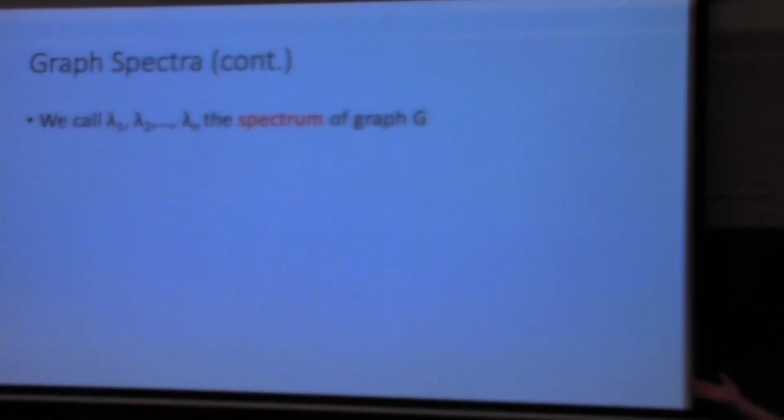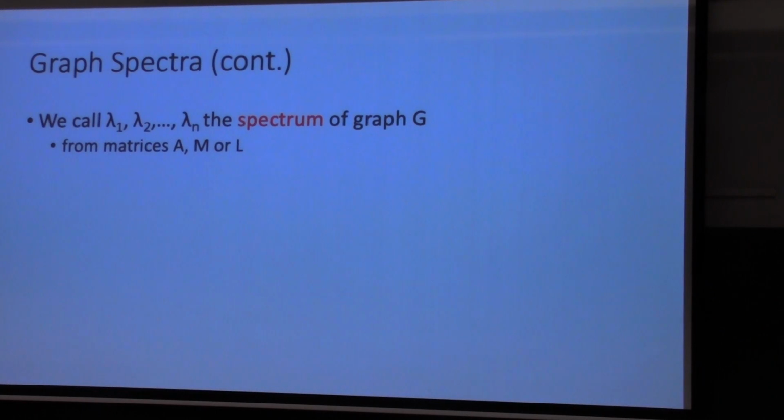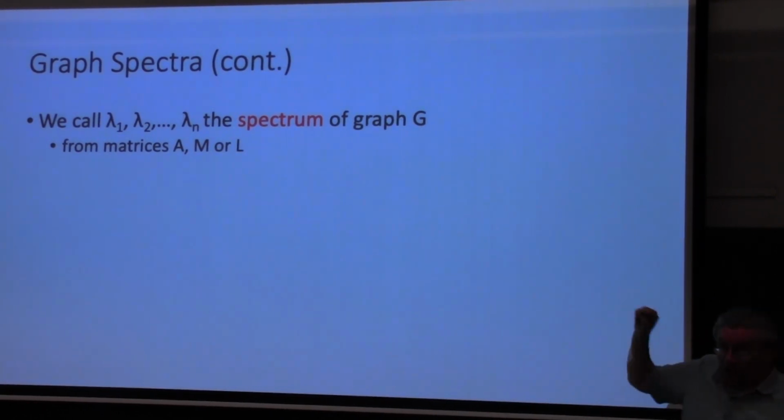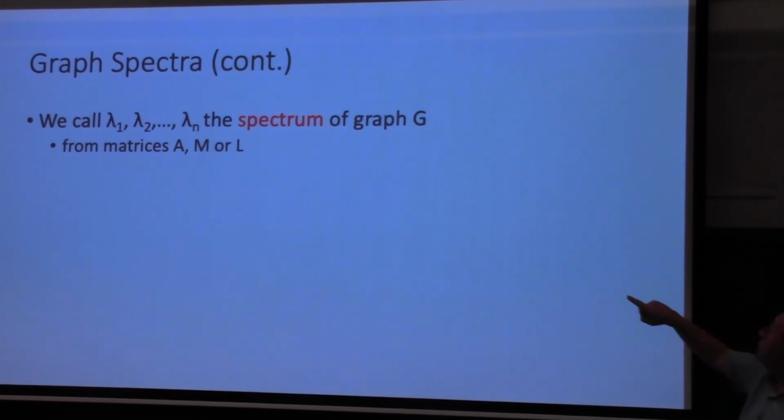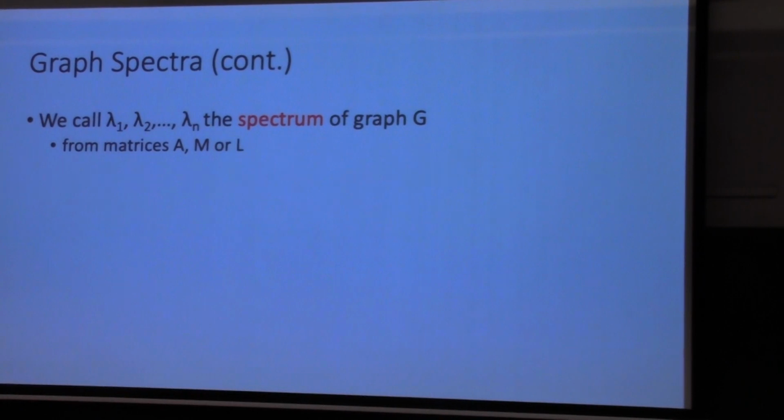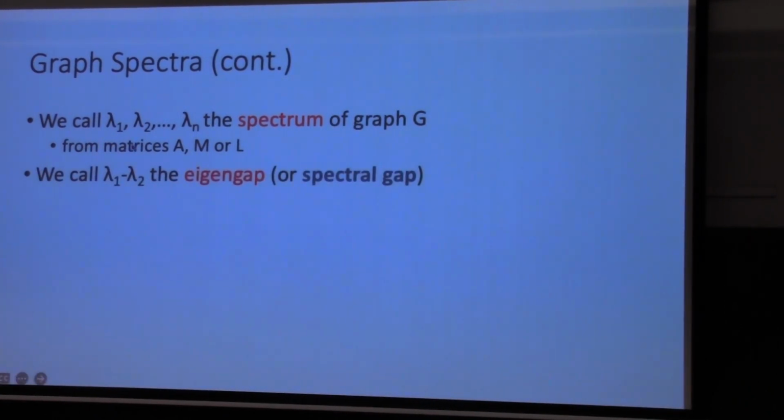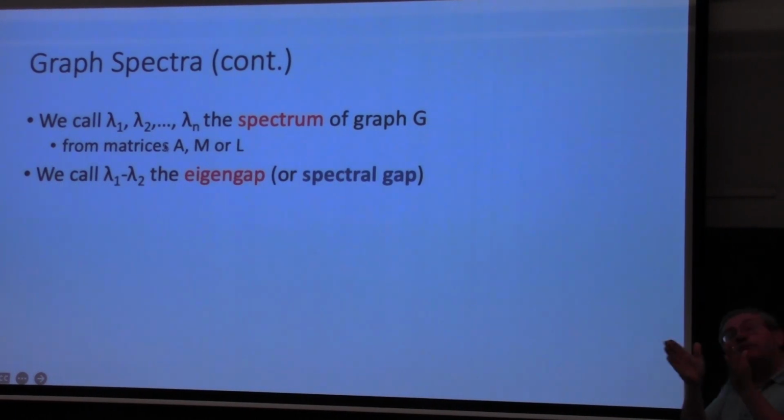The set of all the eigenvalues is called the spectrum of the graph. This could be for A, the adjacency matrix, or the transition probability matrix M, or the L matrix, which I'm not talking about. And there's a very interesting number, the difference between lambda 1 and lambda 2.